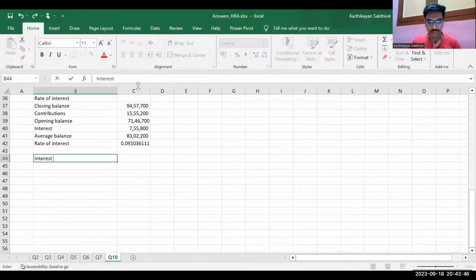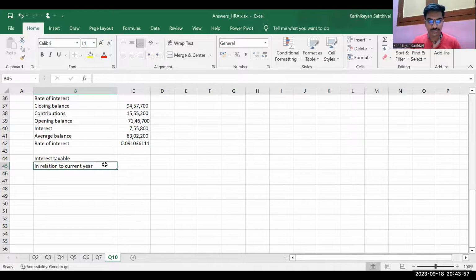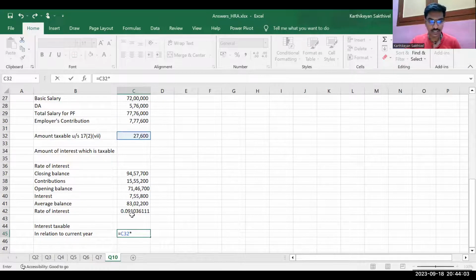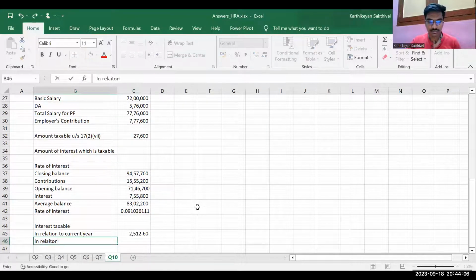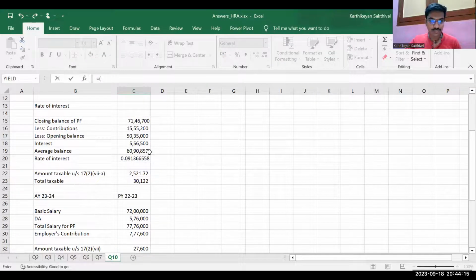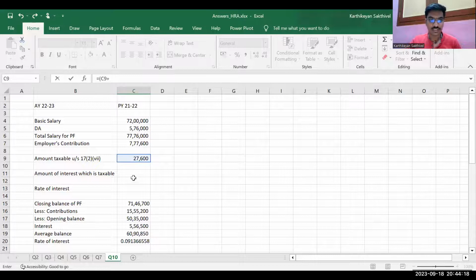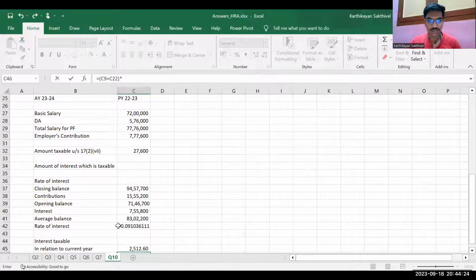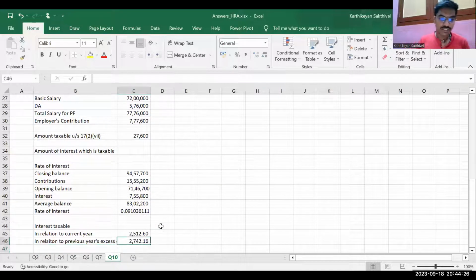So interest which is taxable, in relation to current year, current year excess taxable is 27,600 into this amount. In relation to previous year's excess contributions, which is nothing but this 27,600 plus this 2,512, the whole into this amount. So this will be the interest which is taxable.